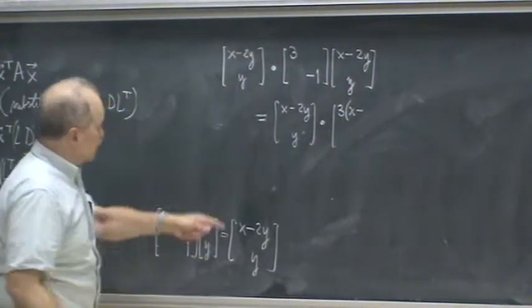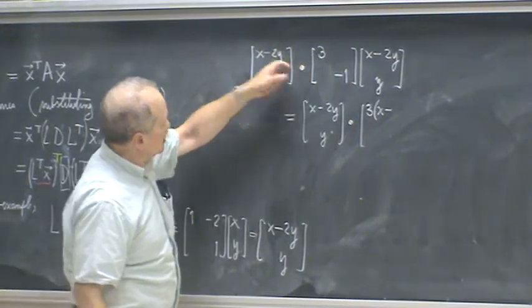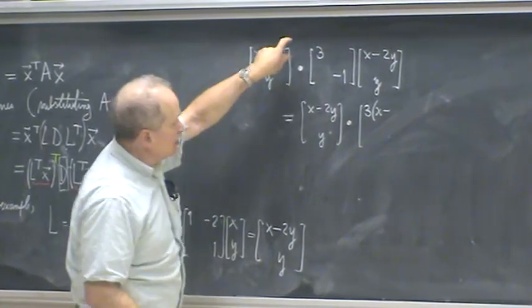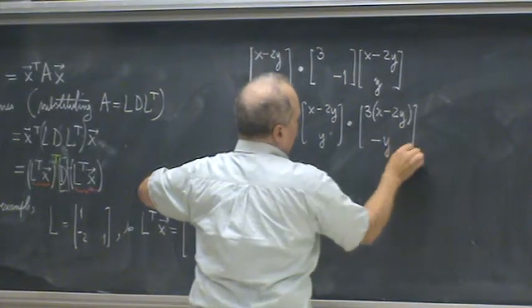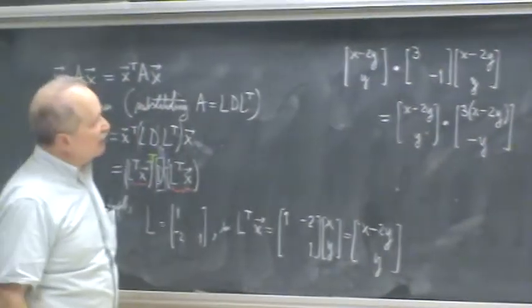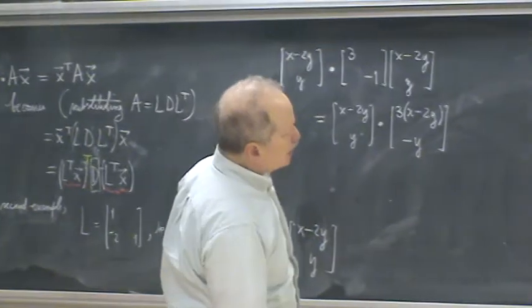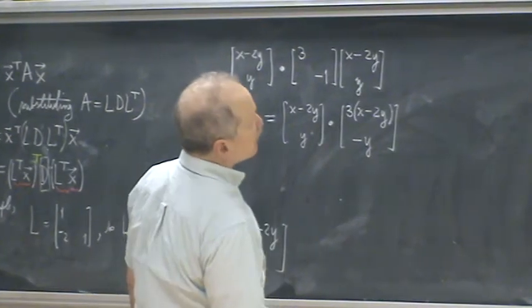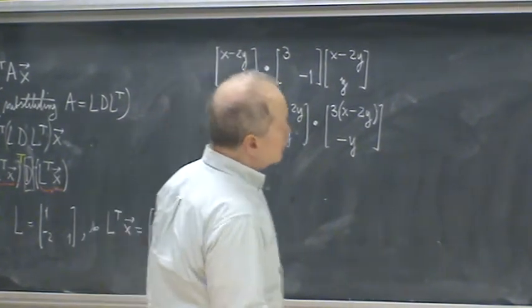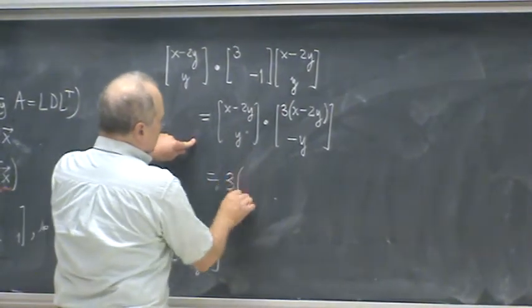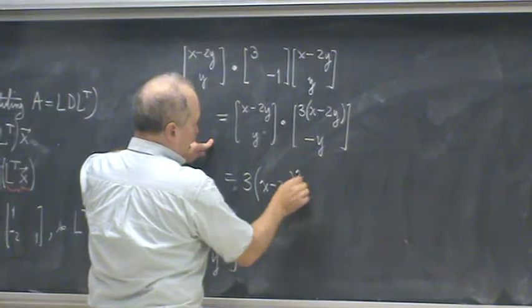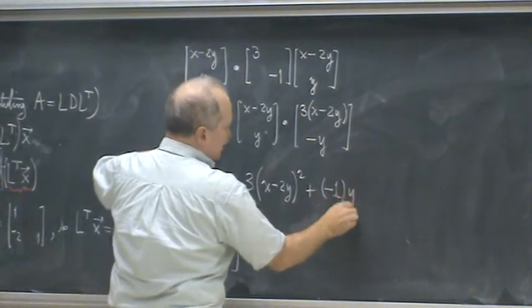Thinking of dot is the same as putting it in here transposed. What do you get when you dot that? You get exactly what we had that I've now erased. This is 3 times (x minus 2y) squared plus -1 times y squared.